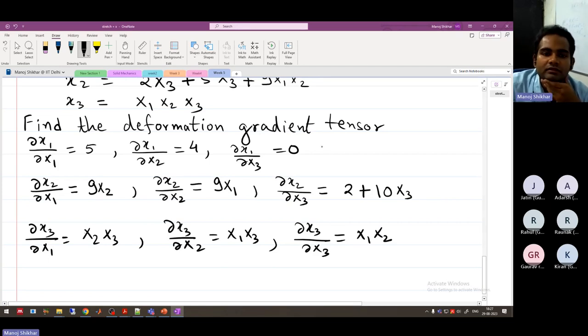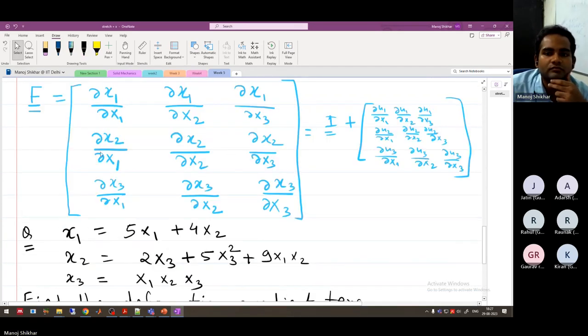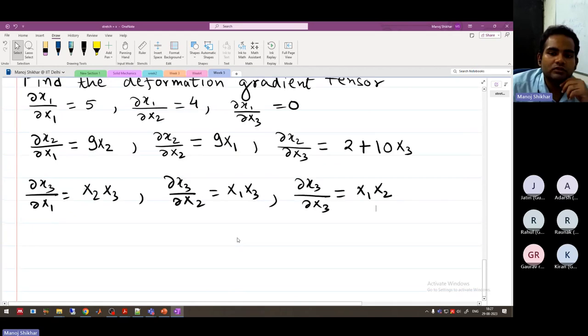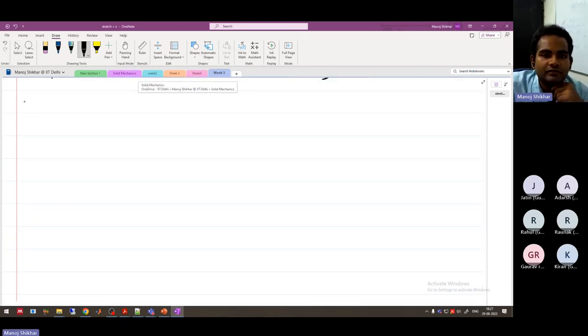So this is the first row of the deformation gradient tensor. You can see I've written the terms here: del x1 by del X1, del x1 by del X2, del x1 by del X3. The second row which I found is here, and this is the third row. If you write these in matrix form, you will get the answer.